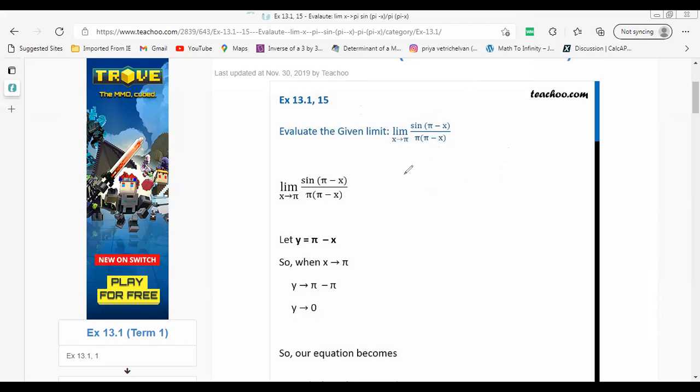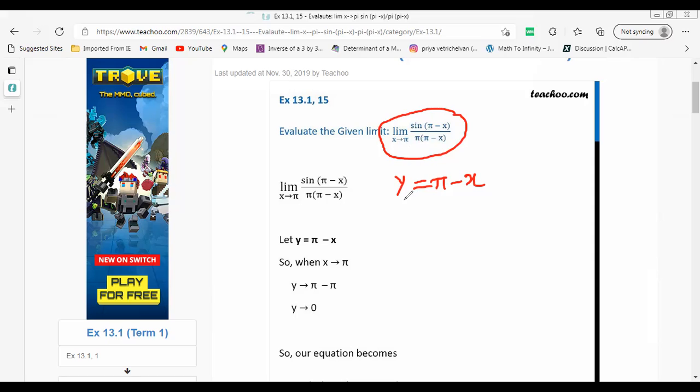So let y be pi minus x. Now I'm going to rewrite my question, which is in the form of x, in the form of y.